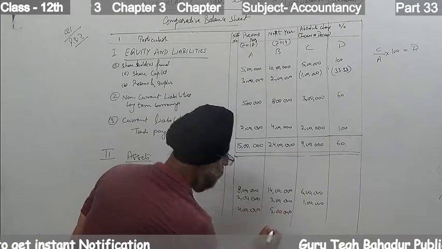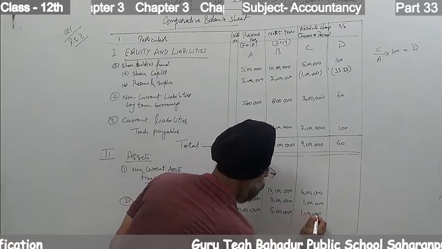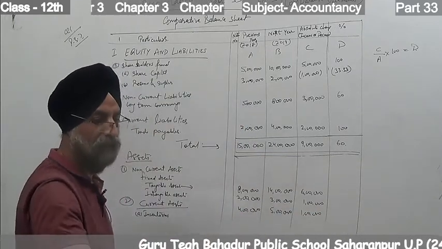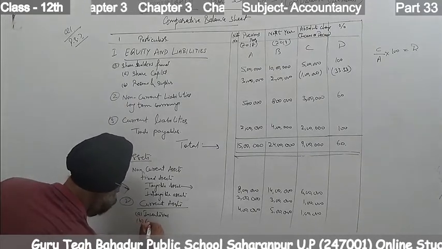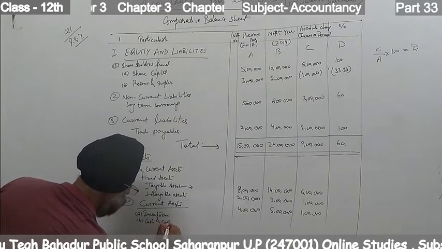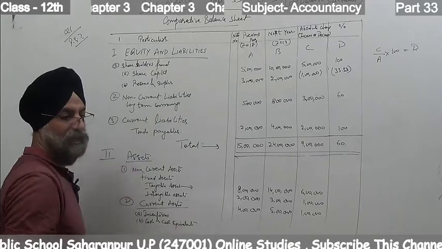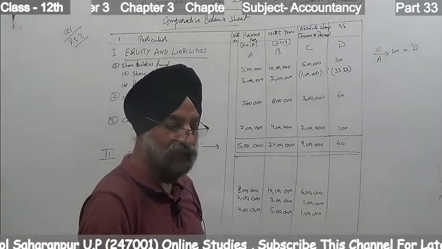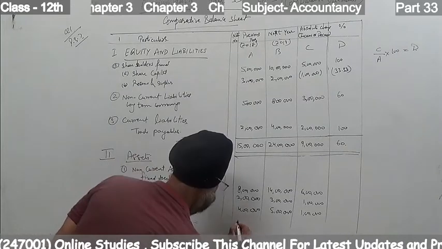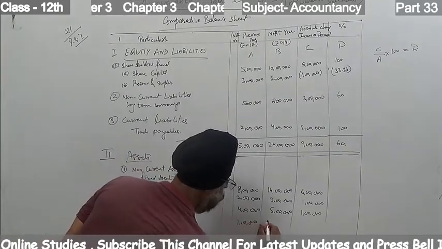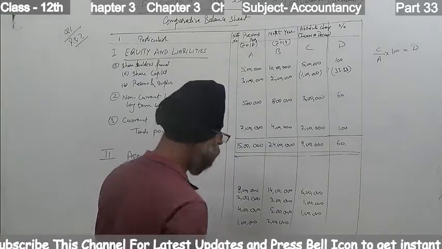It increased by 1 lakh. Next, cash and cash equivalents. This is the last head. Its value is given in March 2018, this is 1 lakh, and in March 2019, this is 2 lakh. It also increased by rupees 1 lakh.